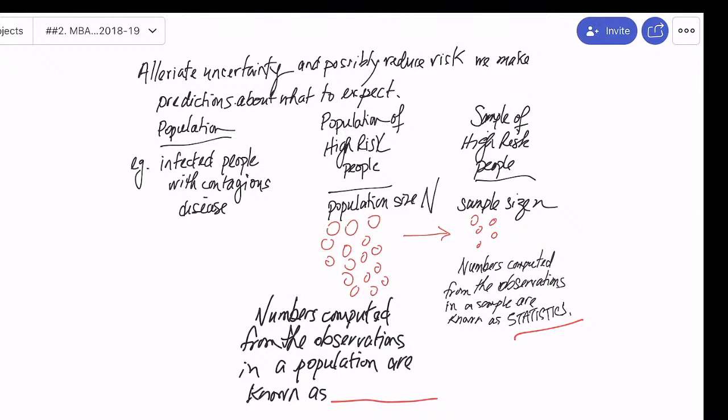I'm reading your chat. Okay, you guys, anybody? So numbers computed from observations in a sample are known as statistics. These statistics are meant to estimate what?